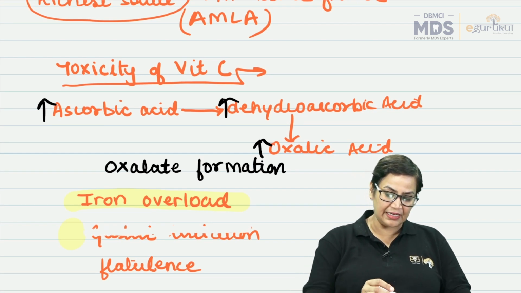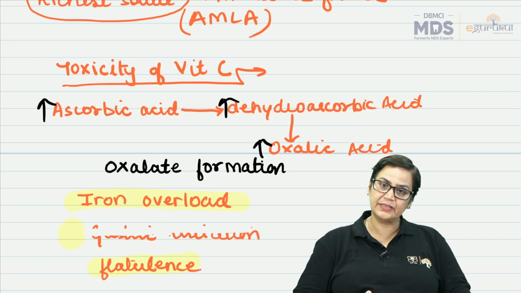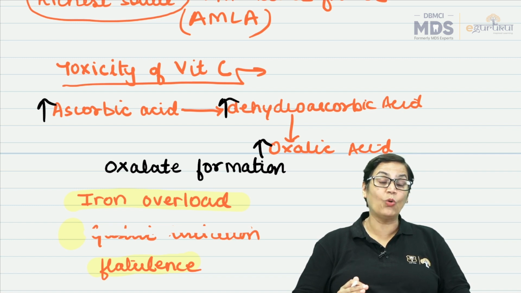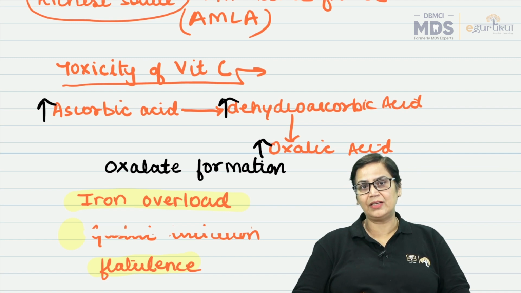Hyperacidity will be there and it can also lead to flatulence. Gastric irritation will be there. So here we finish up with the water soluble vitamins. And all the water soluble vitamins function as coenzymes.